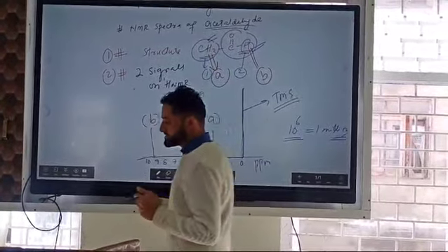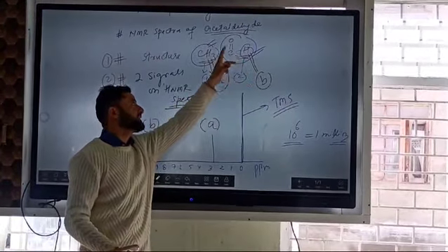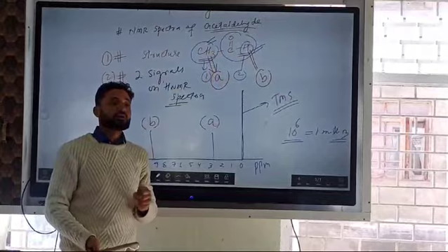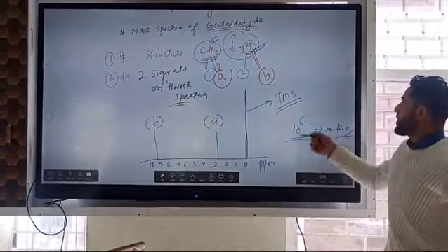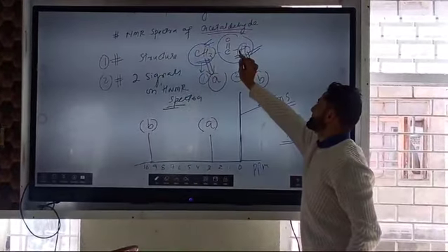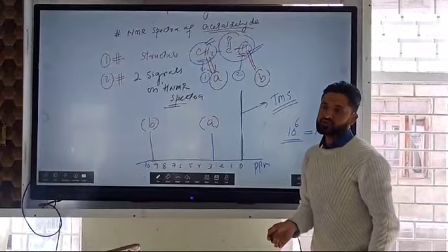The reason is that this proton B is directly attached to the electron withdrawing group. What it does is take all the electron density towards itself.